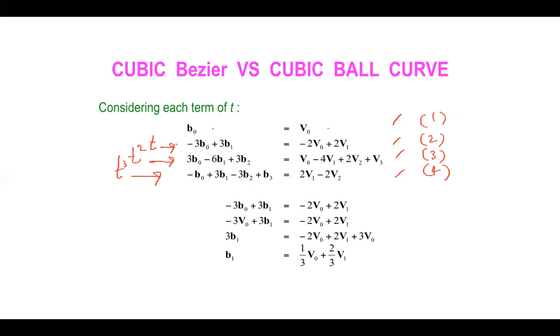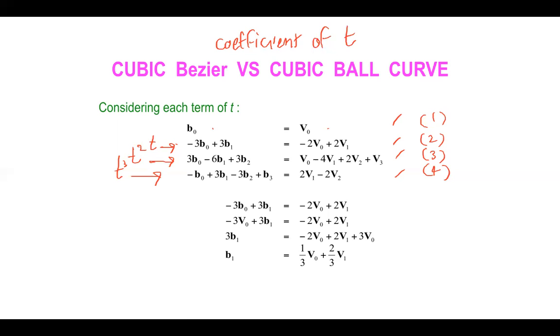We equate the coefficients of t. If we want to equate the formulas of t to the power 0, t1, t2, and t3, we have to check their coefficients, whether they are the same or not.